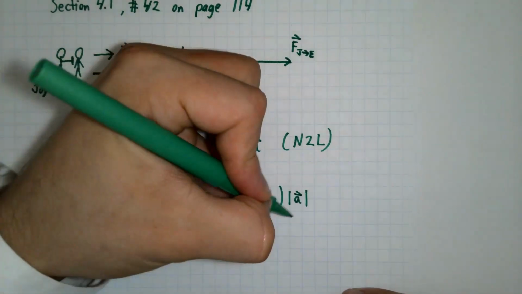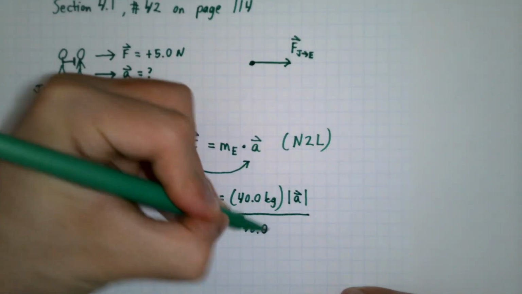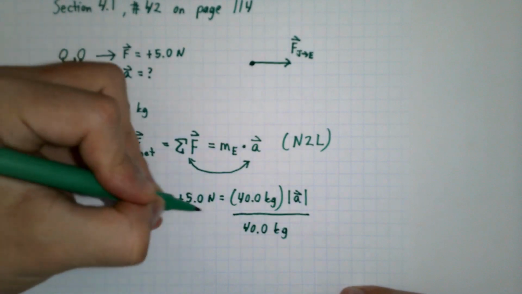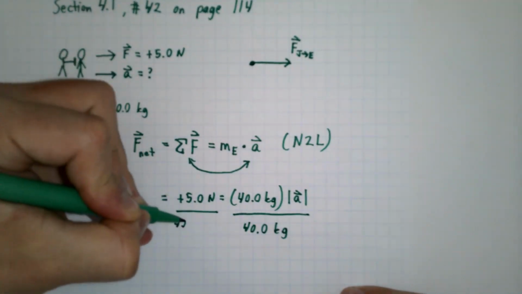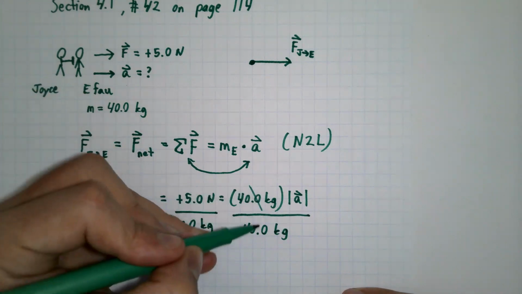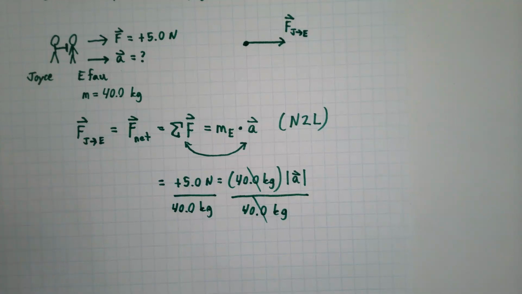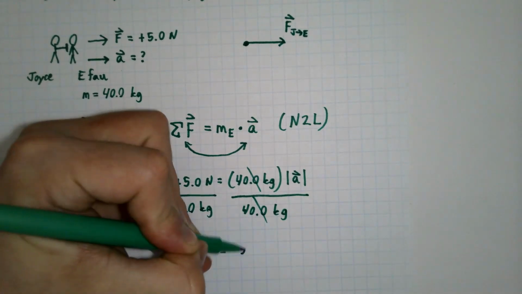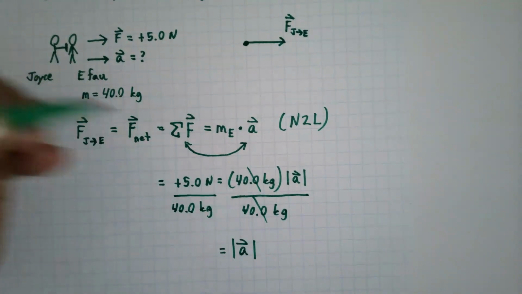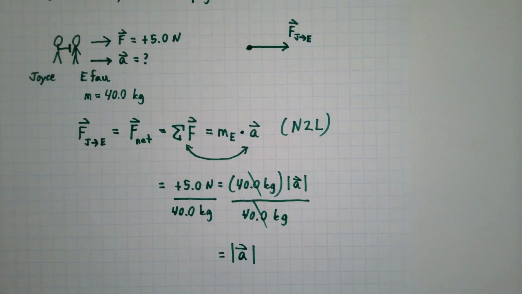To solve for this, we just need to divide and isolate the magnitude of the acceleration by dividing both sides by 40.0 kilograms. On our right-hand side, all that's left is our magnitude of the acceleration. On the left is 5 divided by 40.